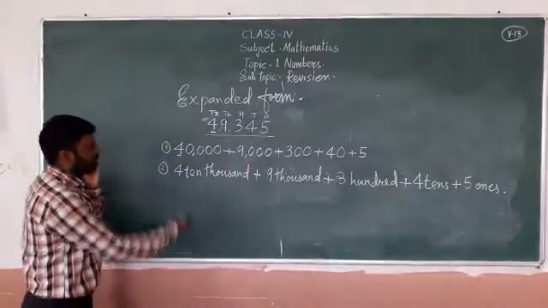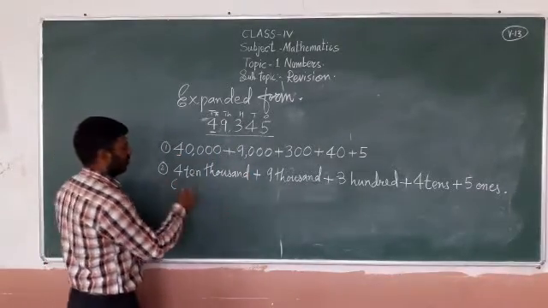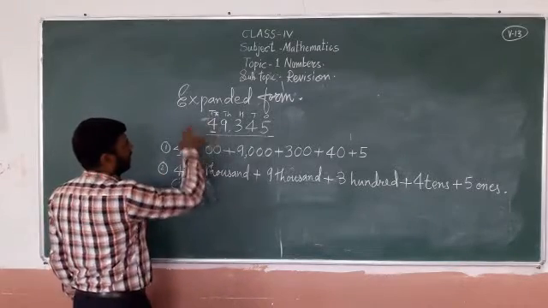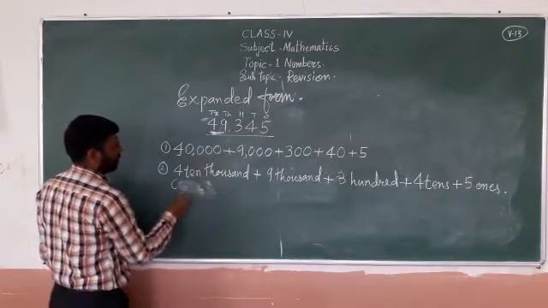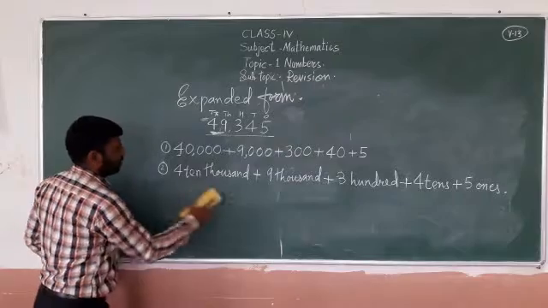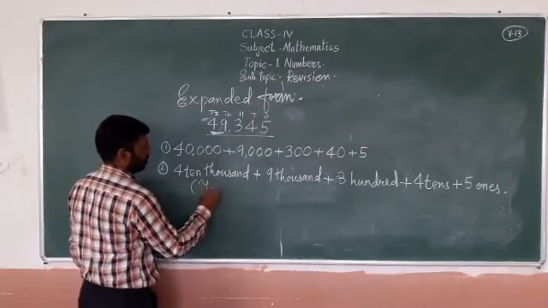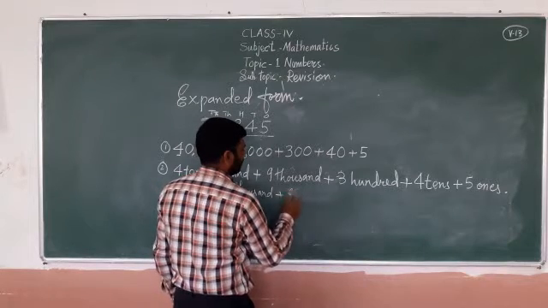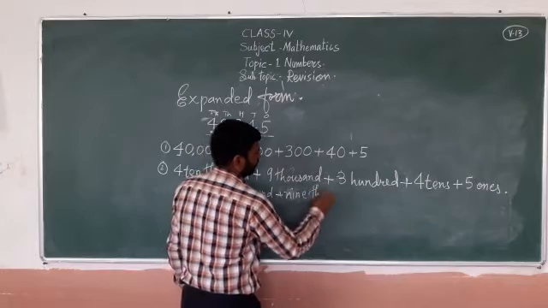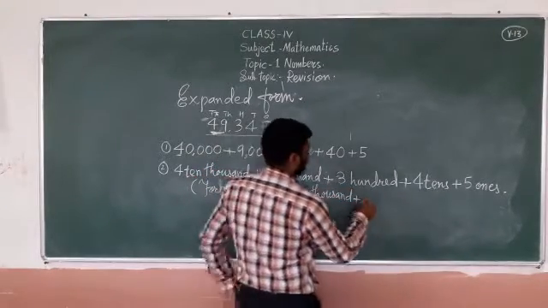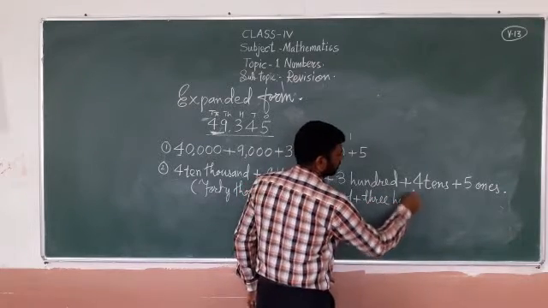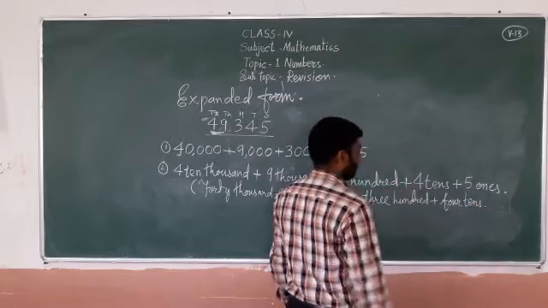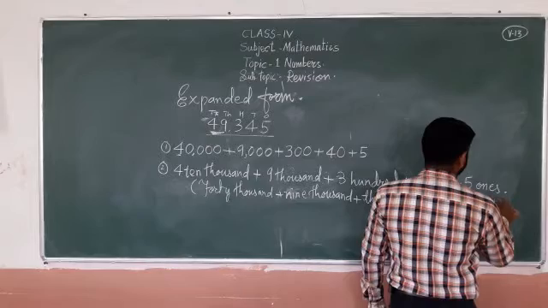You can write like this also, or you can write this one in words also. 40,000 in words, plus 9,000, plus 300, plus 4 tens, plus 5 ones.